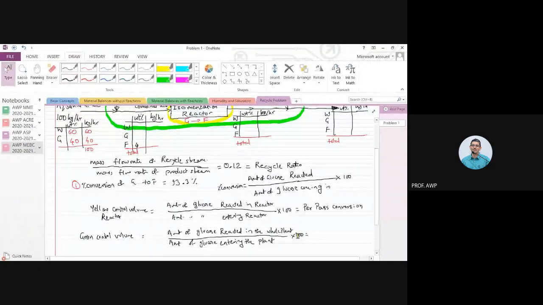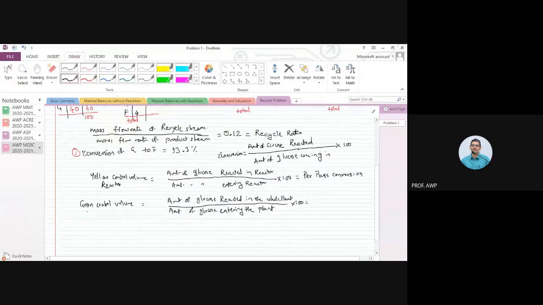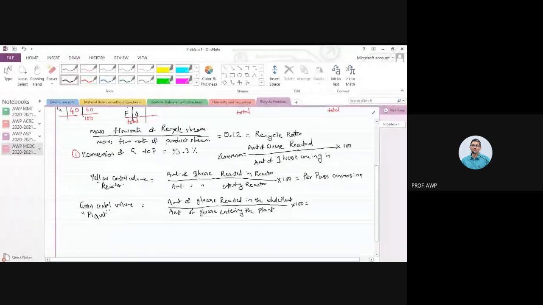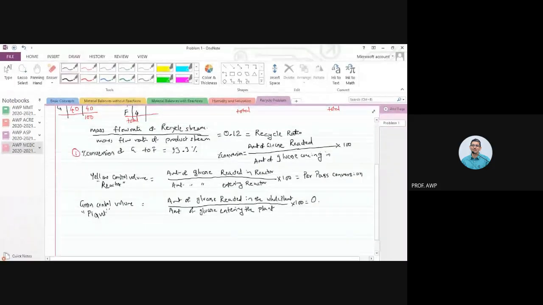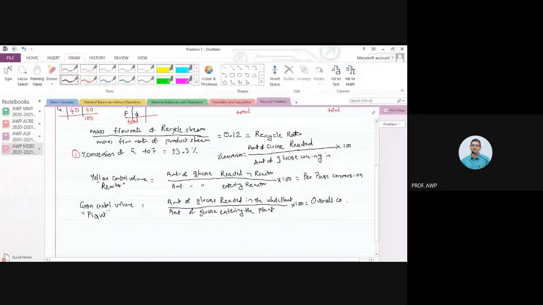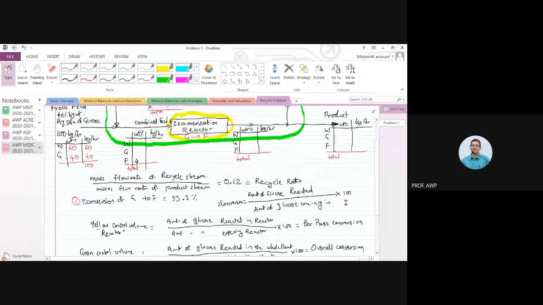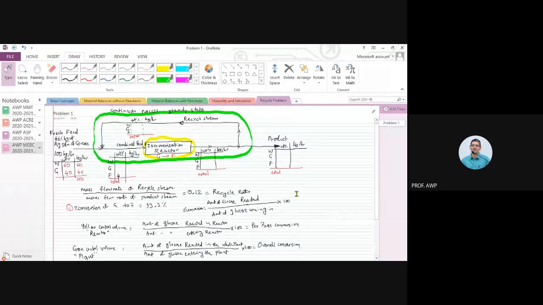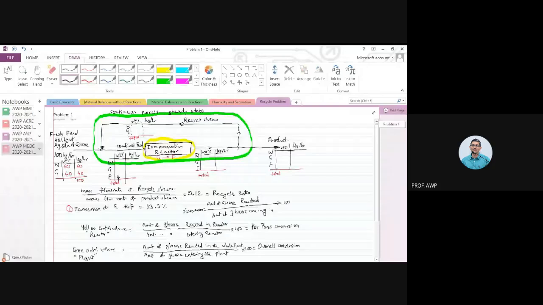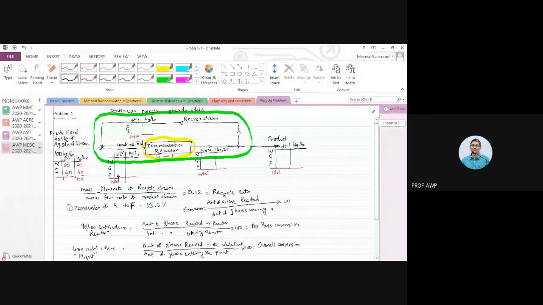That is also like the conversion across the whole plant, right? So green control volume is the whole plant, yellow control volume is our reactor. So this is called overall conversion. So we could define two conversions. One is a per pass conversion and one is an overall conversion, right? Do we agree with this? Any doubts?